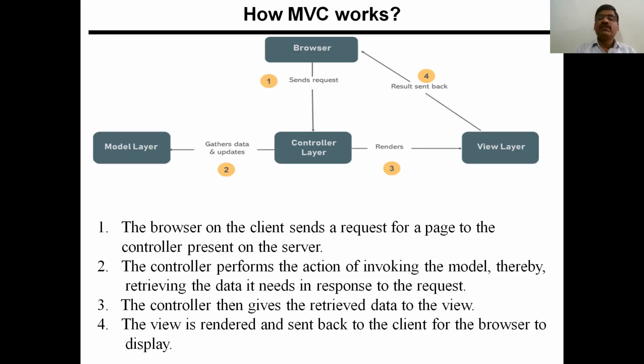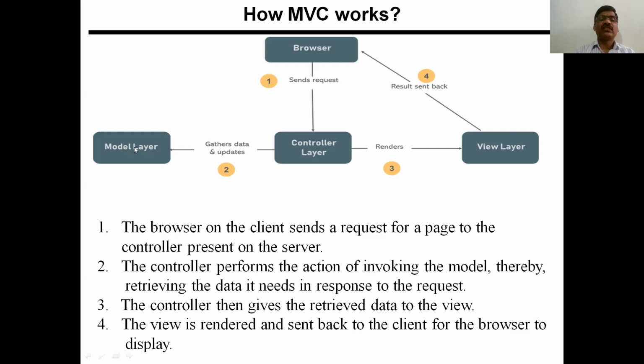Now, how does MVC actually work? Just now in the previous slides, I showed how the request from the user will be forwarded to the destination and how we will receive the response. Same thing here, it will go through these three layers: model, view, controller.